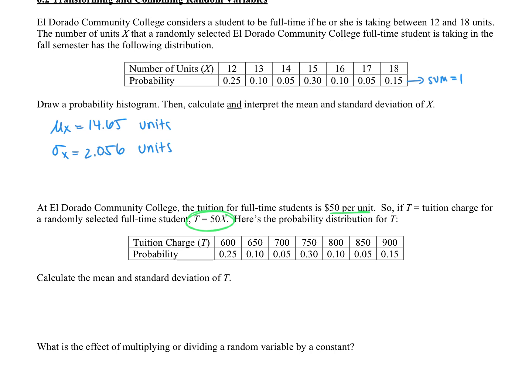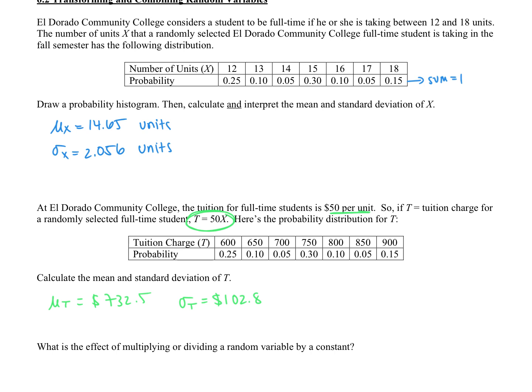Okay, so let's talk. I didn't do this, so hopefully you can give me some numbers. What did we get the mean of T to be? 732.5. Is that what I heard? Okay, standard deviation of T? Casey? 102.8, about? You guys agree?